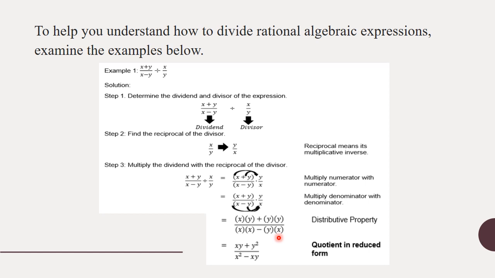So their quotient is: x times y is xy, plus y times y is y squared, and then x times x is x squared, minus negative y times x, that is negative xy. So that is the quotient in reduced form.